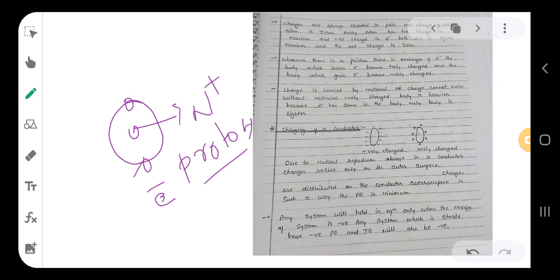Charges are distributed on the outer surface in such a way that the potential energy is minimum. Any system will be held in equilibrium only when the energy of the system is negative, and any system which is stable has negative potential energy, and total energy will also be negative.